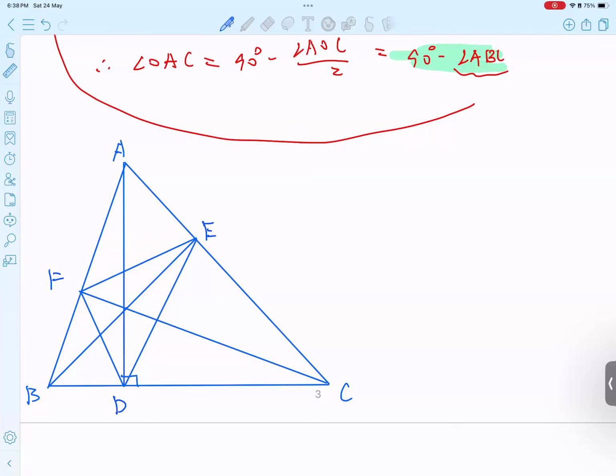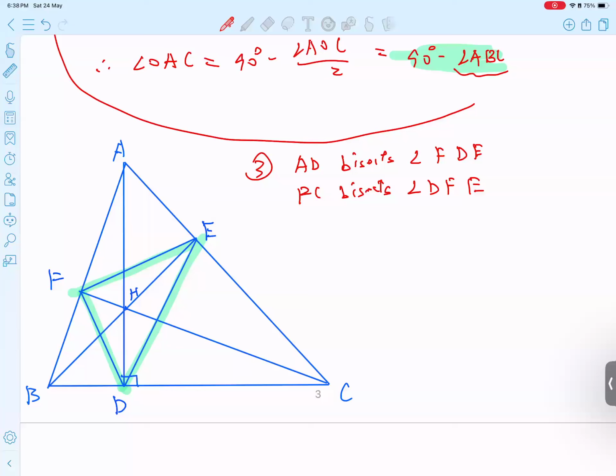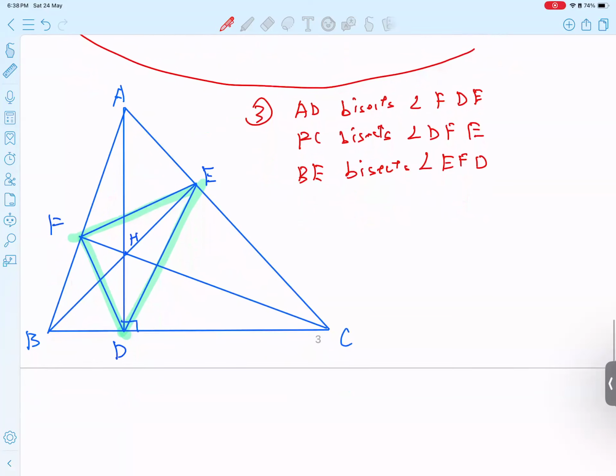So in essence, I have to prove that AD bisects angle FDE, CF bisects angle DFE, and BE bisects angle DEF. So that's the essence of it.